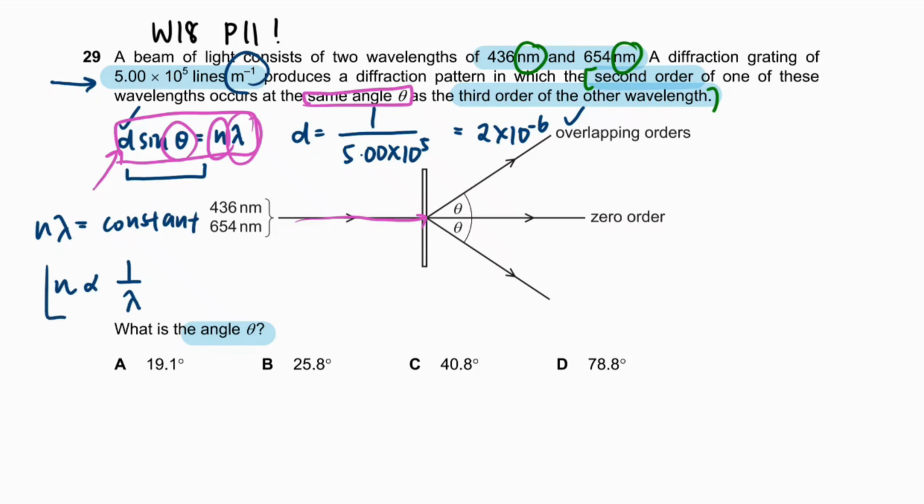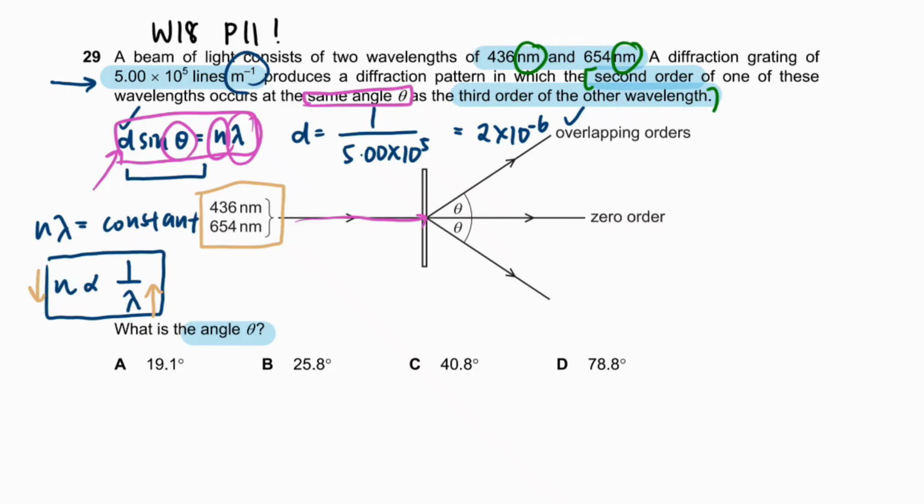With this relationship, we can know which wavelength diffracts at which order, because from this we can see that the greater your wavelength, the lower your number of order. If we look at the 2 wavelengths we have, 654 nanometer is the greater wavelength.